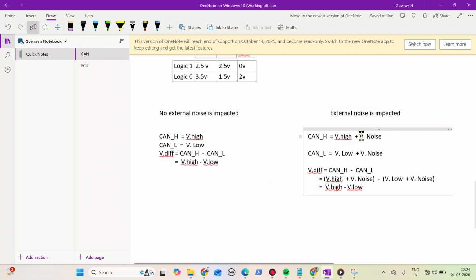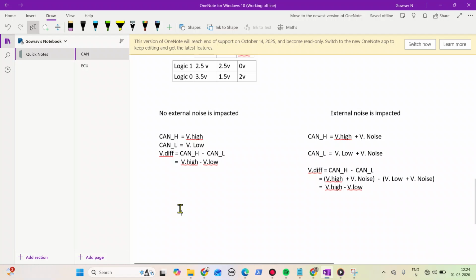Even though some extra voltage is getting induced in our wire, because of the differential voltage method we are using, that extra noise voltage gets cancelled at the receiver side. So the resultant will not vary.